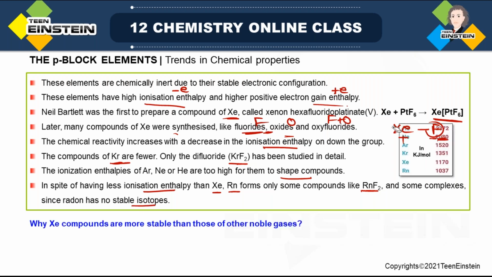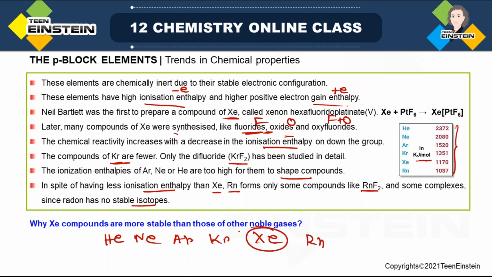Now, though I have already discussed this question, for your convenience I have also added all the values of ionization enthalpy, in kilojoule per mole. The question was why xenon compounds are more stable than those of other noble gases. That is why you do not get compounds of helium, neon, argon, krypton, xenon, and then radon.